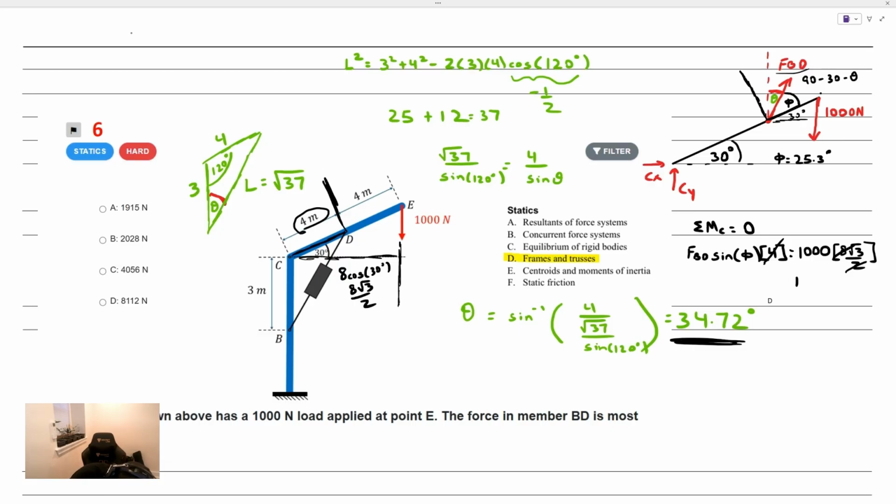So the answer is 1,000 radical 3 divided by the sine of 25.3 degrees. I get that FBD is approximately equal to 4055 newtons. It's pretty close to 4056, so the answer is choice C there.